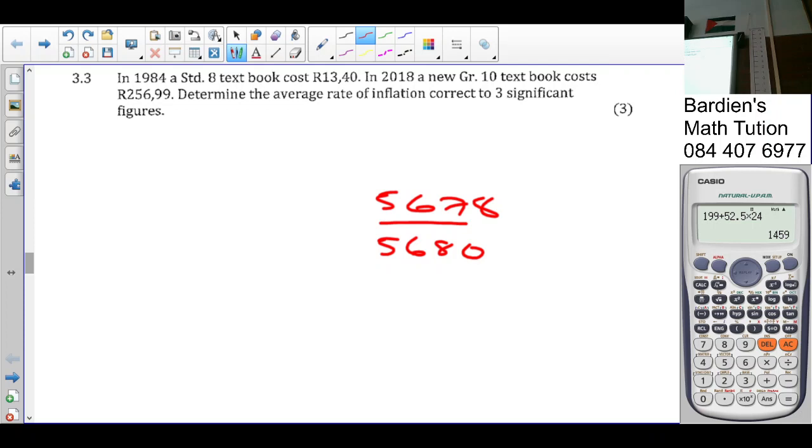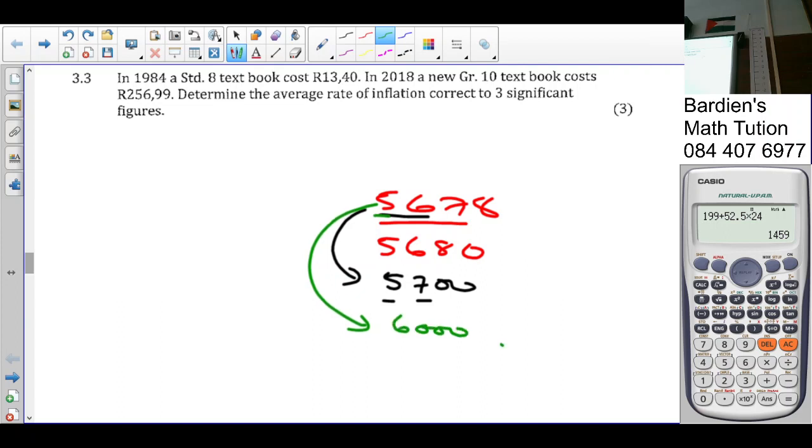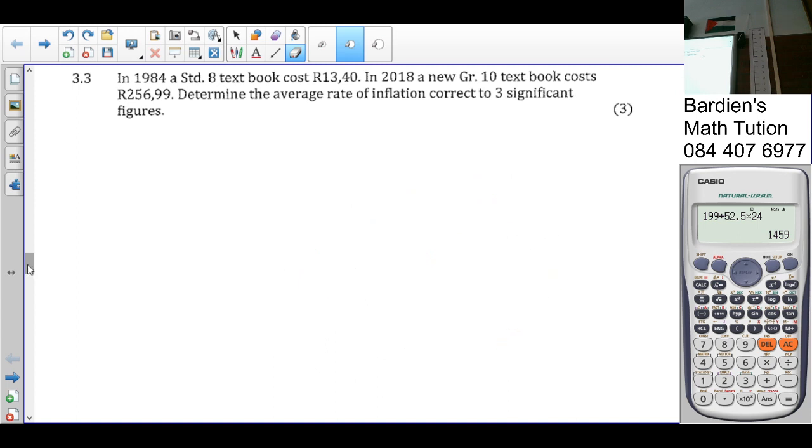If you say 2 significant figures, then the number would be 57. 1 significant figure must be 6. That's what I understand by significant figures. Okay. So 3 significant figures is 3 digits basically. I could be wrong. If I'm wrong, you can bring it back.